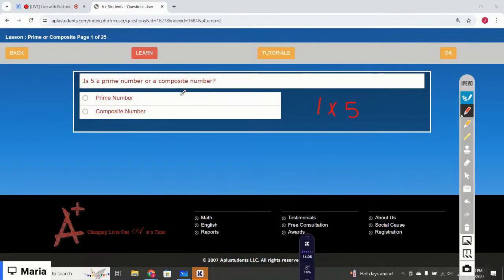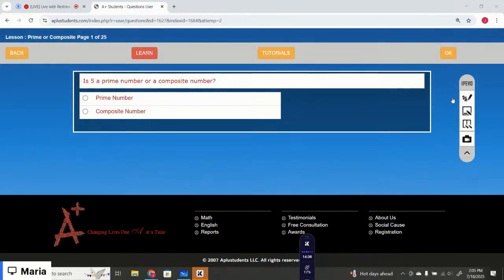We have only two factors, only two numbers that when multiplied make 5. So 5 is a prime number. Option number 1 is the correct option.